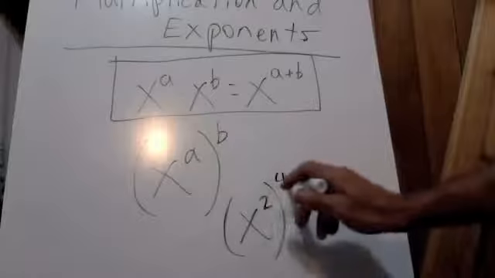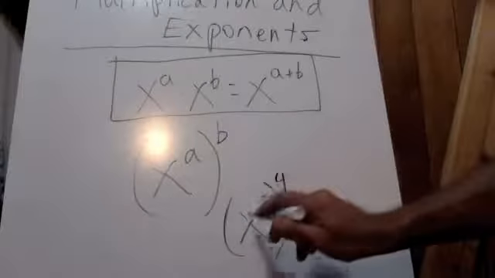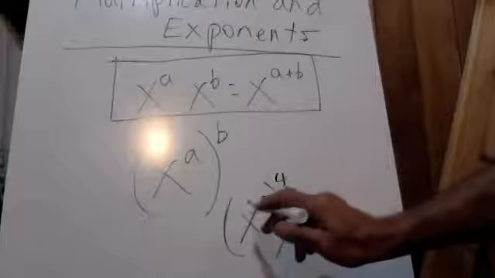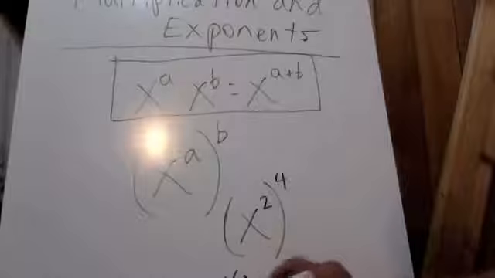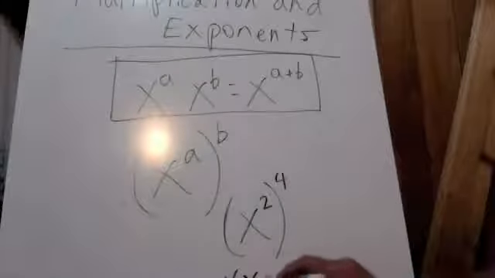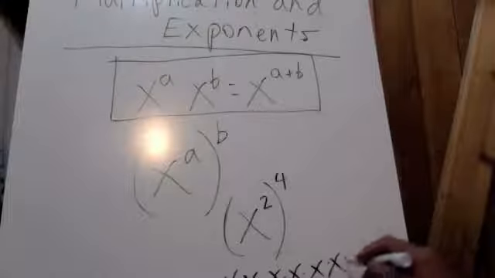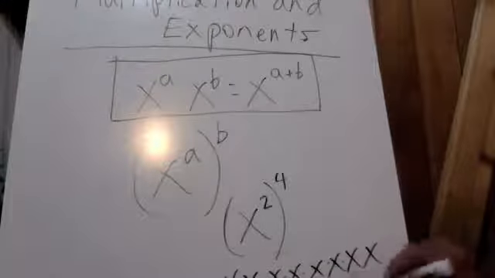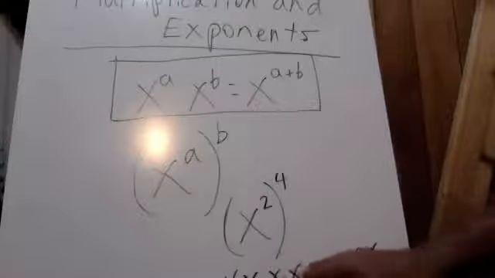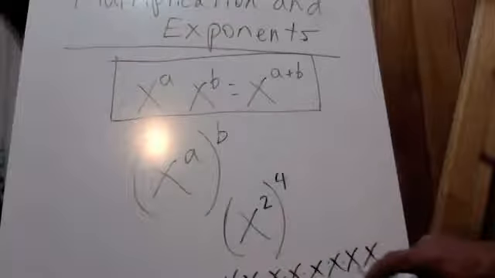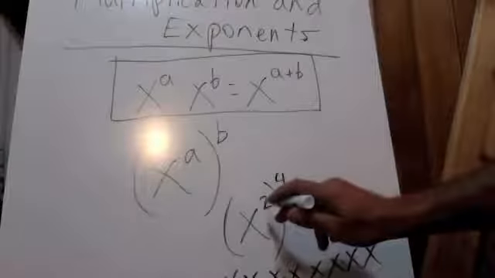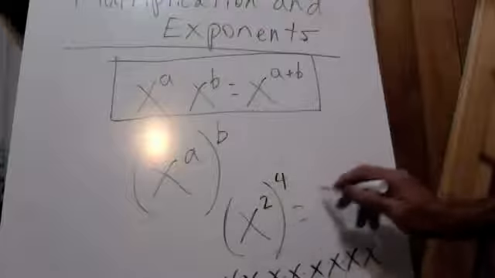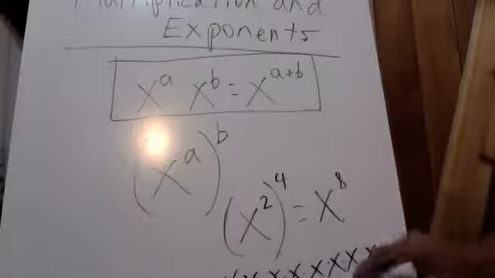That means you're doing that thing times itself 4 times. And x squared is, of course, going to be x times x, and we're doing that times itself 4 times. So times x times x, times x times x, and lastly times x. So if you add them up, there's going to be 8 x's multiplied together. So in this case, these two things are being multiplied. So your final answer is going to be x to the 8th.